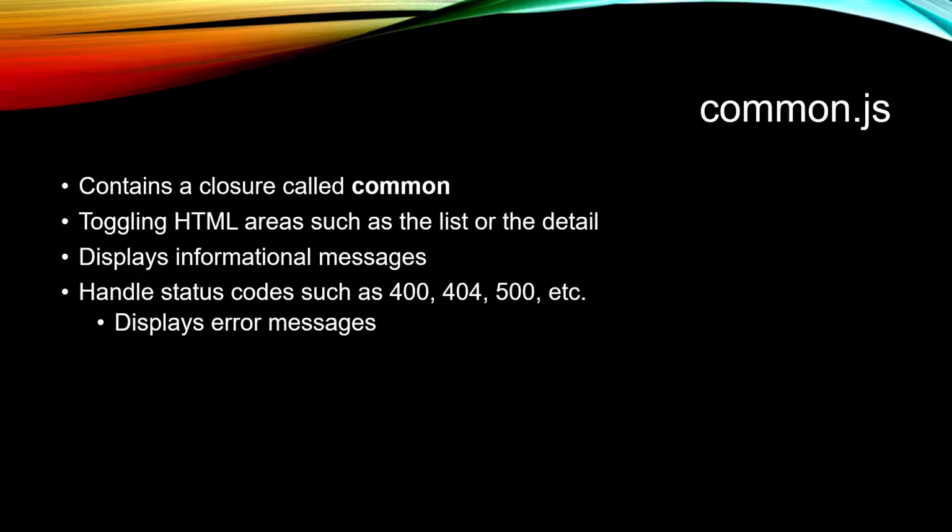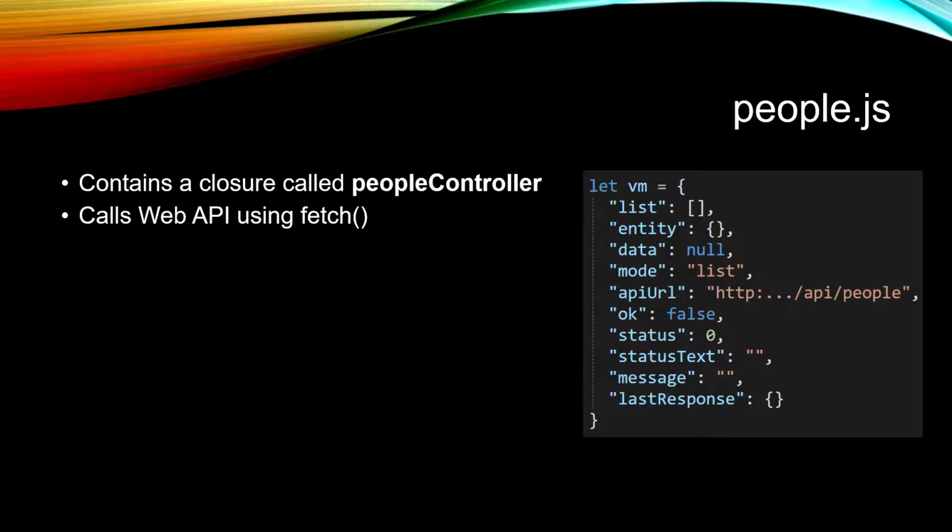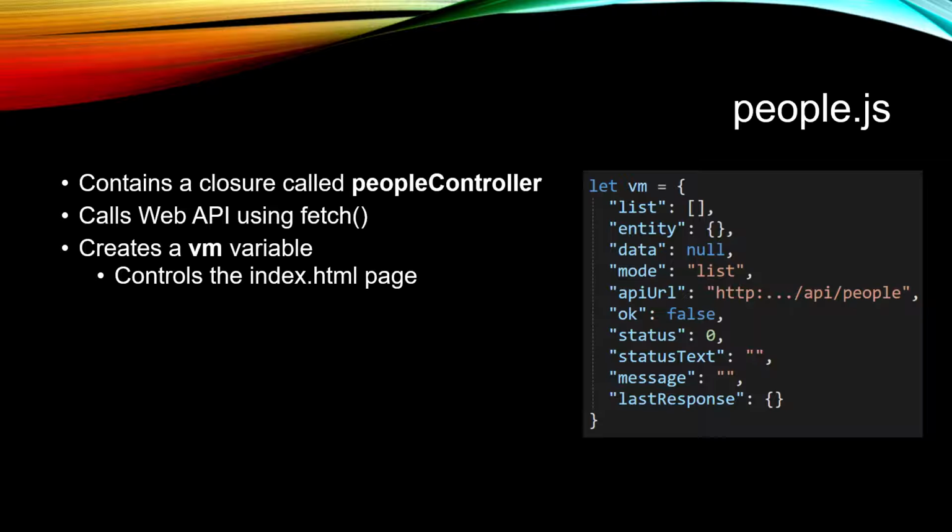In the people.js, it contains a closure called peopleController, and it's responsible for calling the web API using fetch. It creates a view model variable that you can see over here that has all these various properties to control how the index.html page works. It can display the table or detail with the mode property.